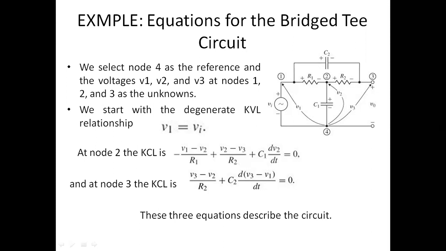So for R1, we can write V1 minus V2 upon R1. Is that right? The current flowing through R1, can we write it as V1 minus V2 divided by R1? Yes, ma'am. Voltage across the resistance divided by the resistance is going to give me I, that is flowing through R1.